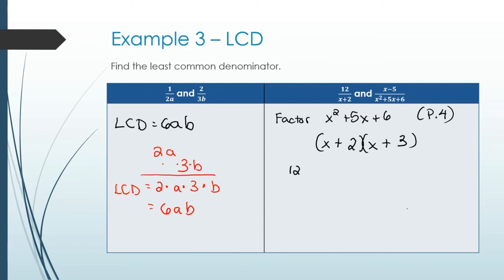So now I'm looking at my two fractions. I have 12 over x plus 2, and then x minus 5 over x plus 2 times x plus 3. When I'm finding my common denominator, I'm finding the least common multiple.